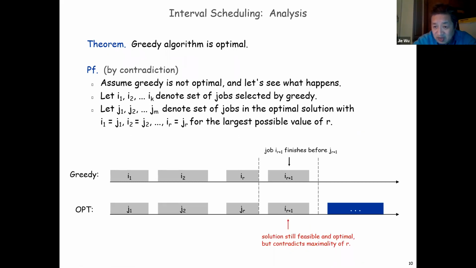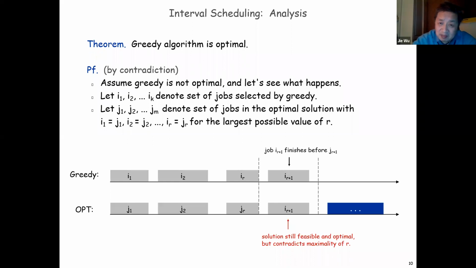The solution is still feasible. So that's the contradiction. If it's feasible, then it contradicts the maximality of R, because R is the maximum value for which they are the same. But now, if we replace one, R+1 becomes the same. So that's a contradiction, and this is a more mathematically rigorous proof.